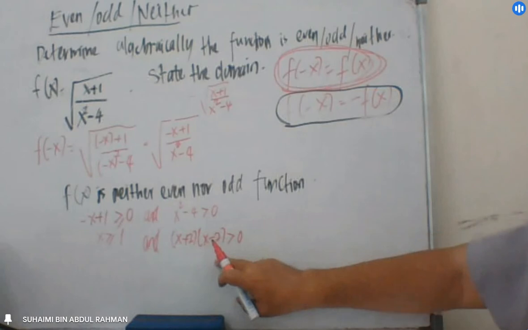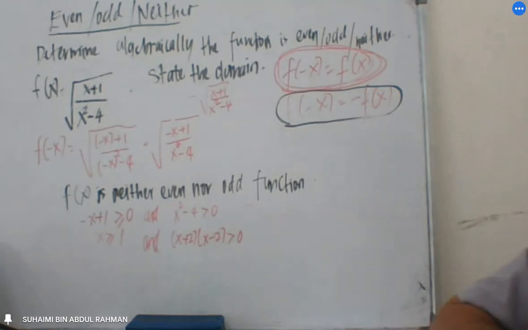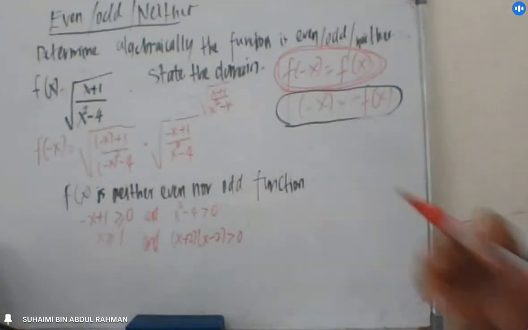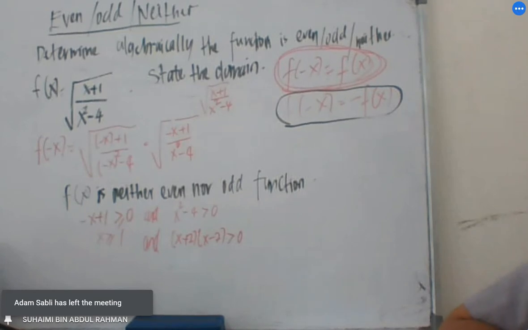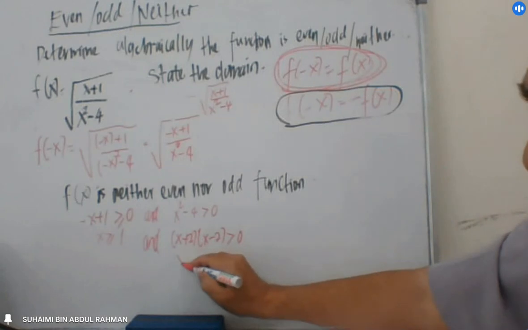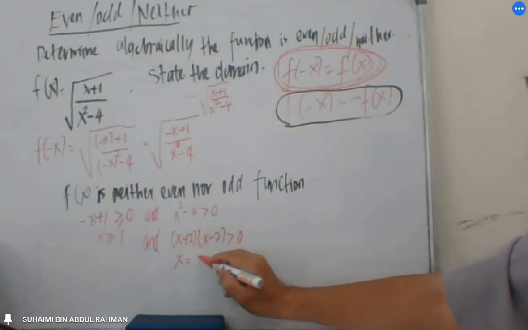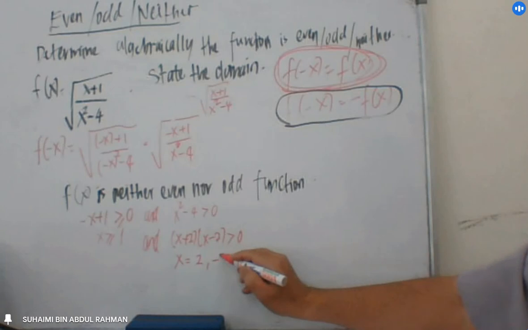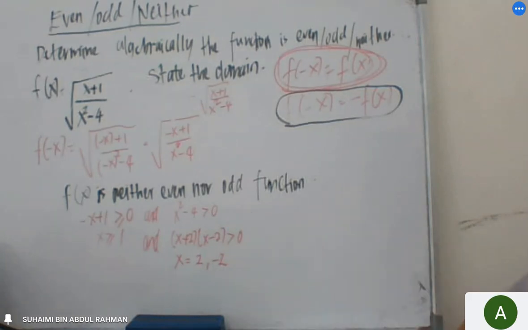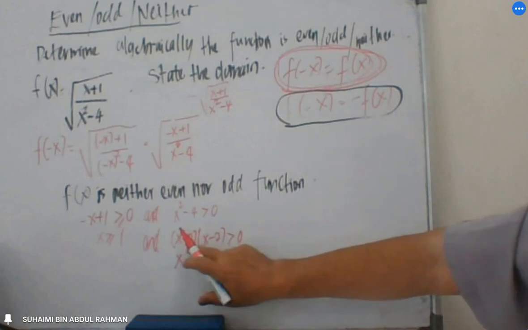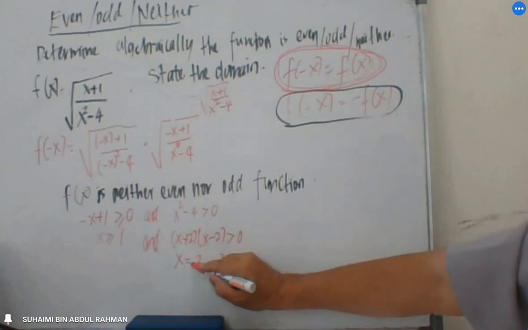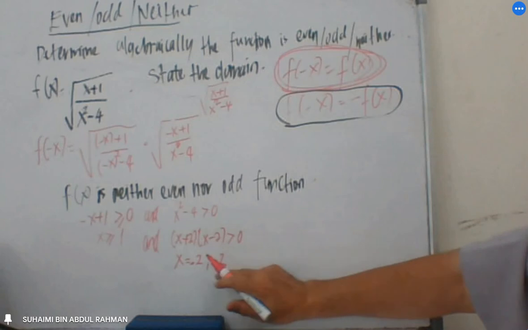Now it's quadratic. When a quadratic inequality is involved, what do we have to do next? Find the critical numbers. So the critical numbers are x equal to 2 and x equal to minus 2.